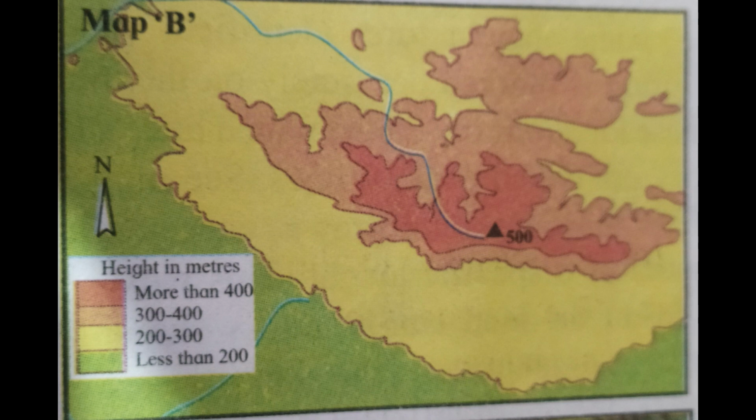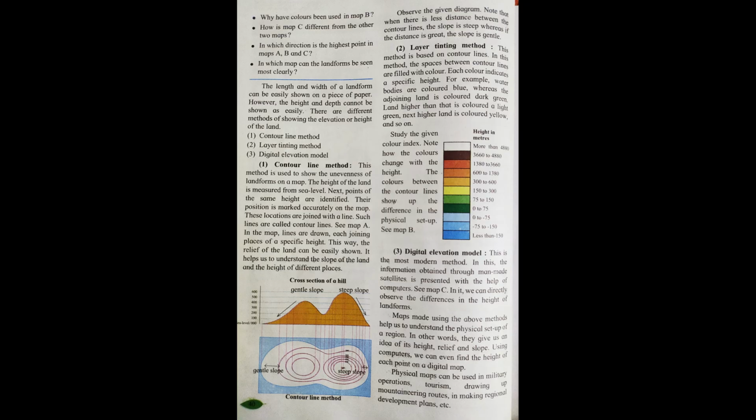What do they indicate? They build on the first method, the contour line method. On the base of the first part of the map, they refer us more accurately by showing different colors on the map to reach the proper route where we want to reach. For example, water bodies.